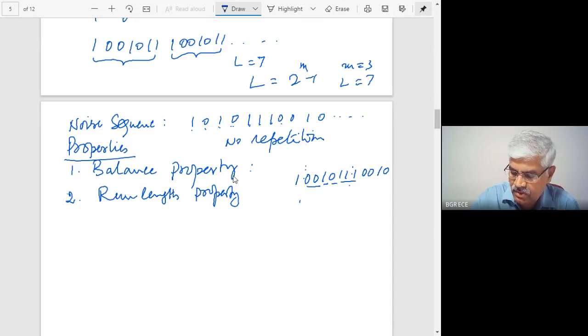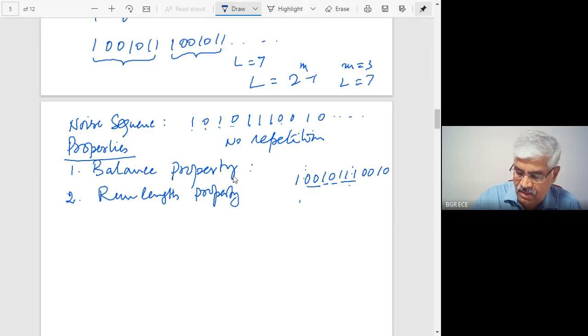This is one run, starting with 0, length 2. Starting with 1, length 1. Starting with 0, length 1. Starting with 1, length 3. So in a 7-bit sequence, there are 4 runs.